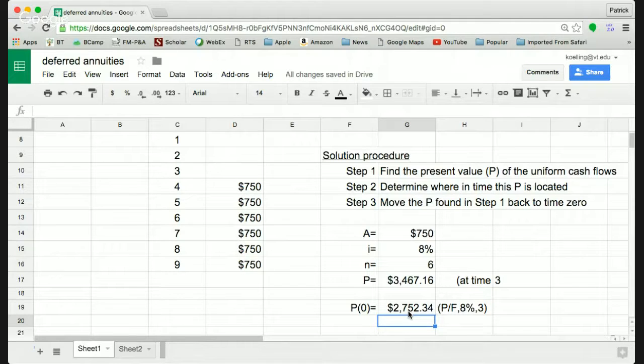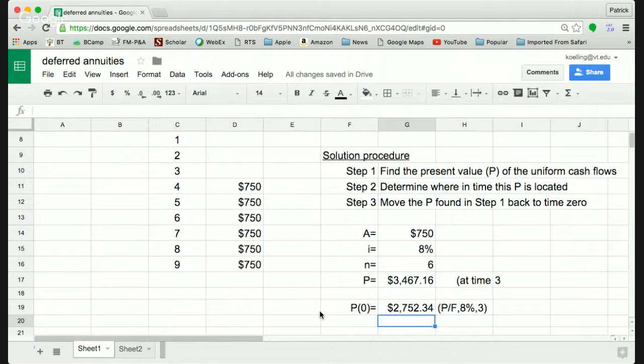We've reduced the picture, if you will, and we've taken it down to a single representative economically equivalent cash flow at time 0, 2752.34. Okay, that's the essence of deferred annuities. We just have to know we find a present value, and then we move that present value to a different location after we are finished.